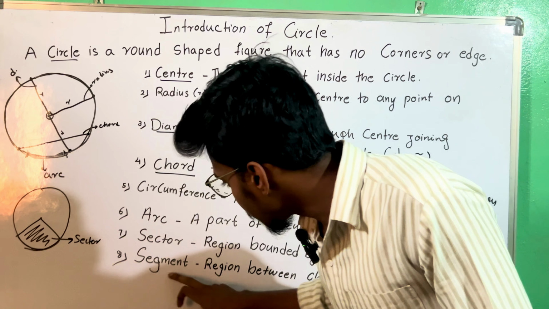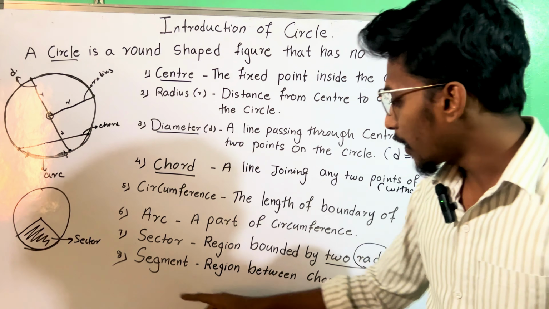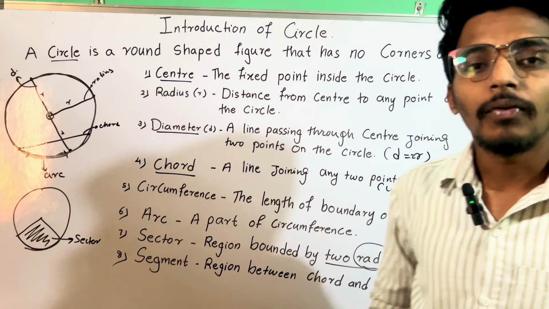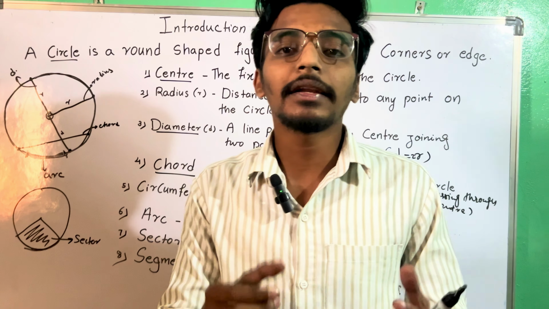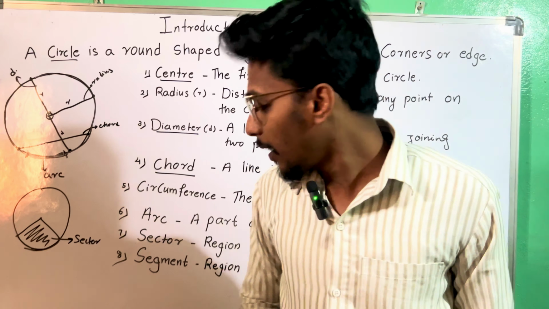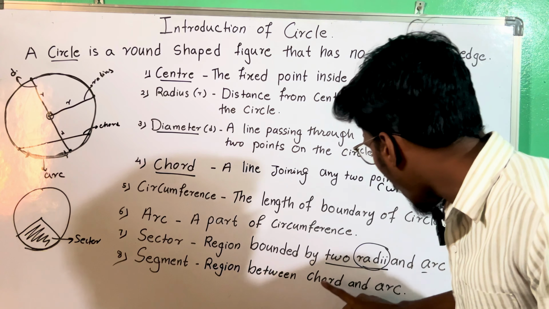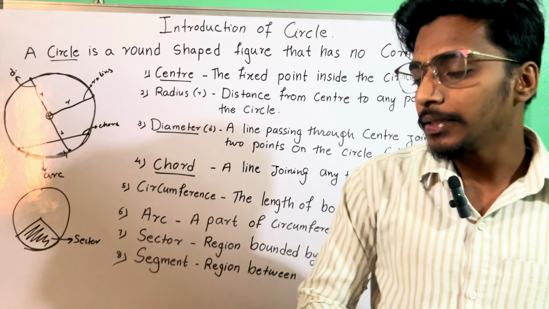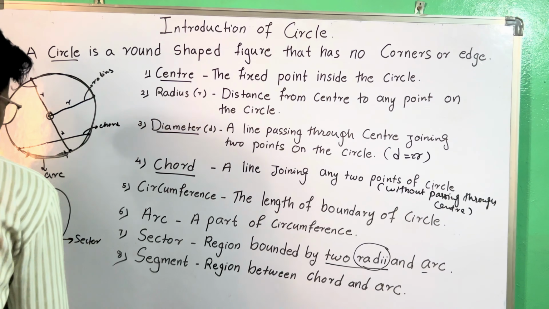So the next term is segment. What is a segment? The region between a chord and an arc. It is the area bounded by a chord and an arc.